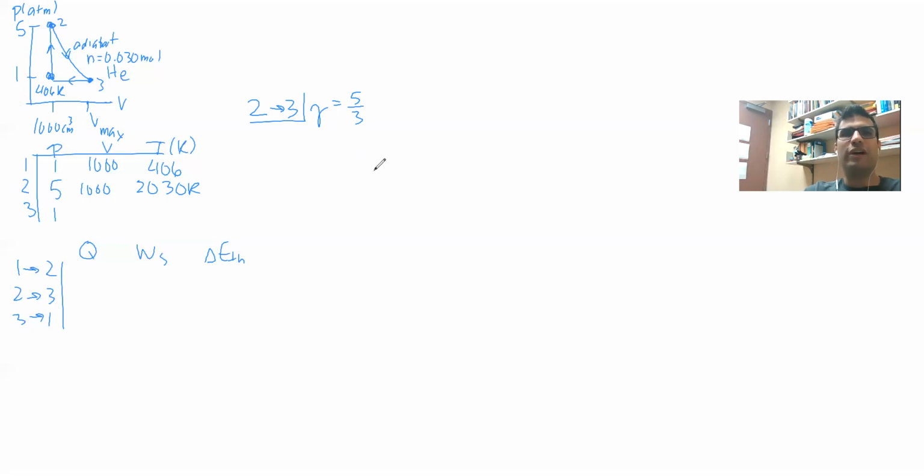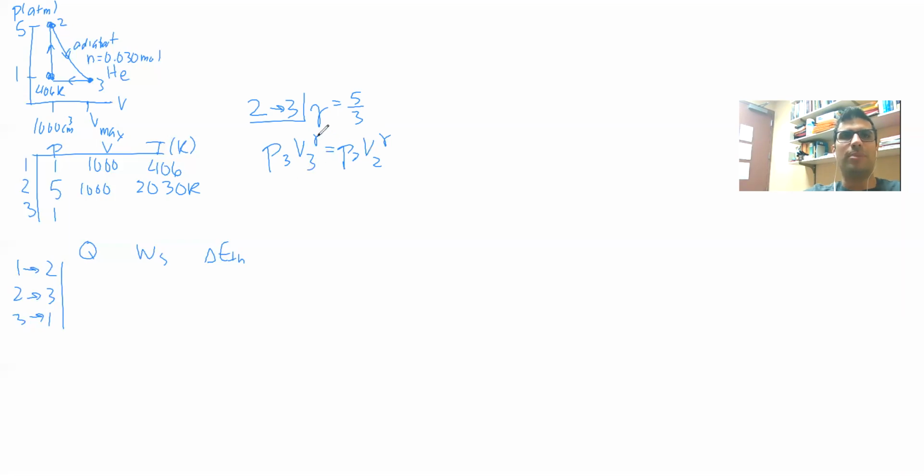The first way to find the volume is to use the expression P3 V3 raised to the gamma equals P2 V2 raised to the gamma. That's the thing that's constant, not P times V, but P times V raised to the gamma power. You can solve this for V3.